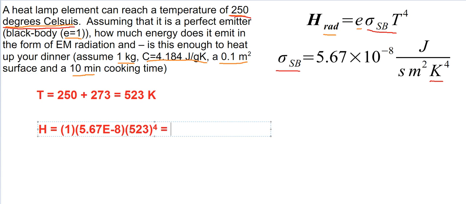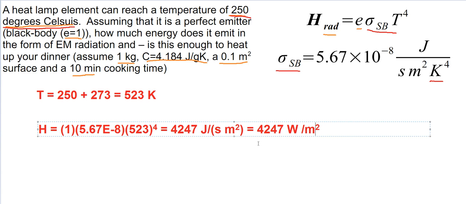If you multiply this out, you'll get 4,247. As for units, you will have joules divided by seconds meters squared. Or alternatively, if you want to put it into watts, you'll get a power per unit area, which is 4247 watts per meter squared.